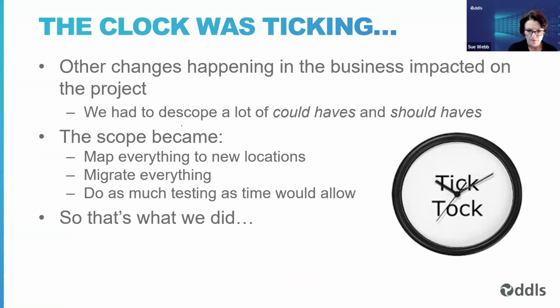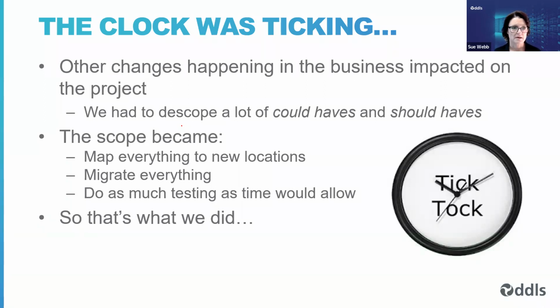Now, during the time while all this was happening, the clock was ticking, and there were other changes happening in the business which impacted on the project. In the end, we ended up having to de-scope a lot of the could-haves and should-haves because we were running out of time.